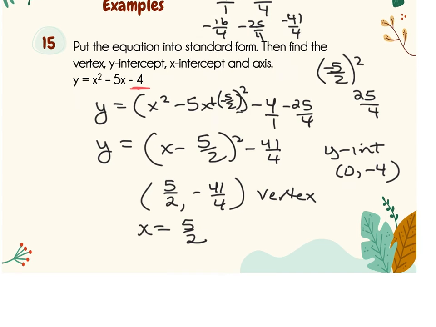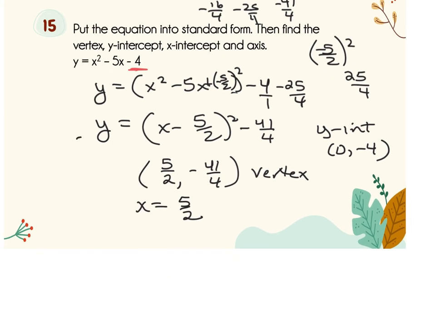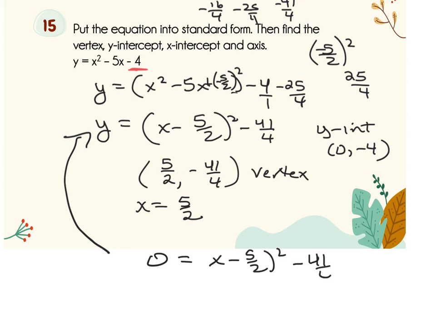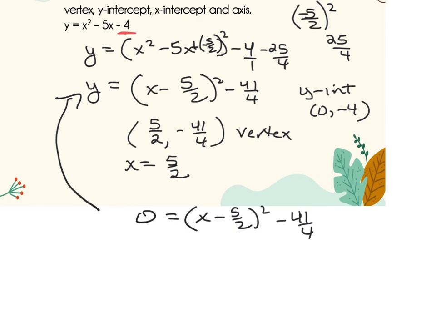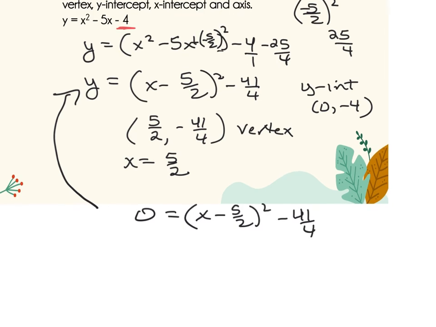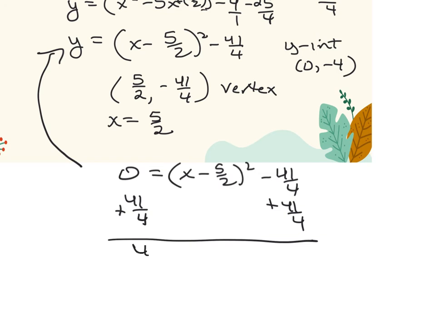And now I can find my x-intercepts, and I'm going to use the vertex form. 0 equals x minus 5 over 2 squared minus 41 over 4. I need to move the 41 over 4 to the other side by adding it. 41 over 4 is equal to x minus 5 over 2 squared.